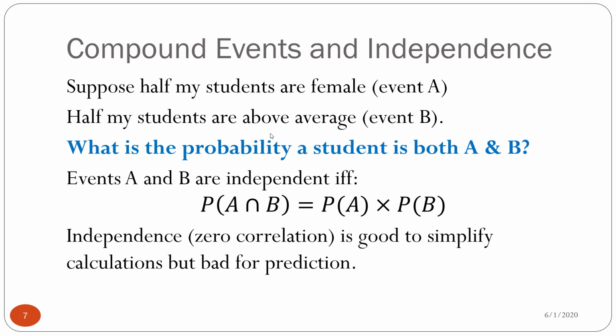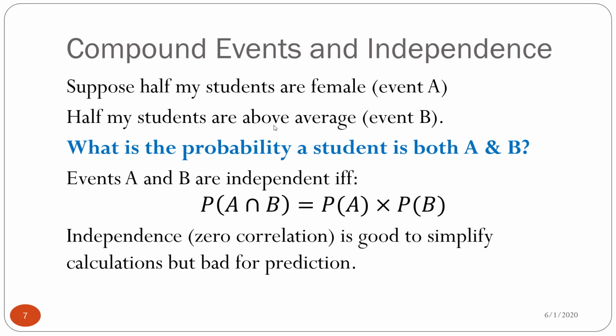This is not the median. In the median, you will have 50% above, 50% below by nature. But in the average, that may not be the case. But in this case, we have 50% students above and 50% below.